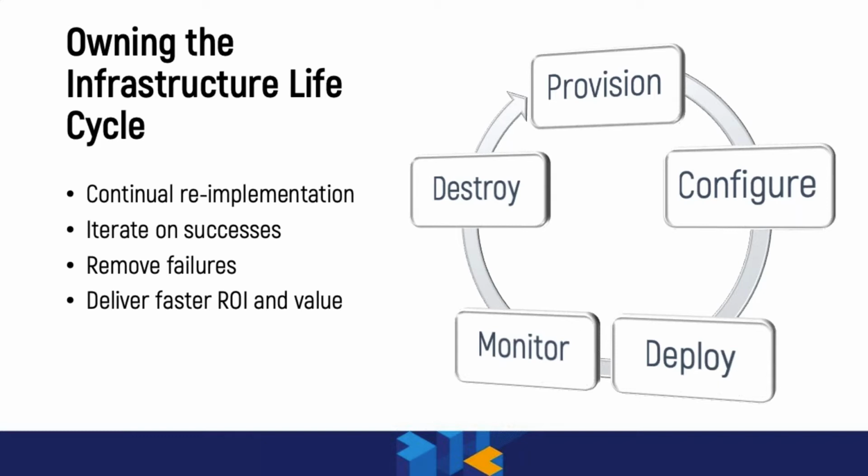So we have to think about how we're going to continually be able to power this life cycle to iterate on it. And that goes from provisioning it, configuring it, deploying it, monitoring it, and destroying it at the end.